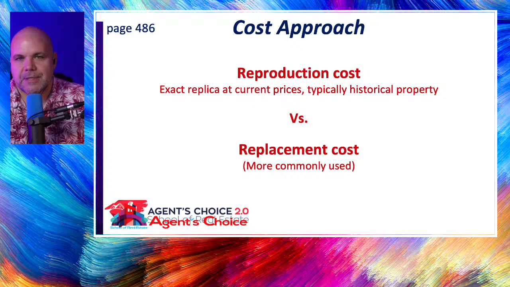Which one is worth more? Which one's going to cost you more? That ain't going to be $300. It might be $3,000, right? So reproduction cost is going to be more because you're making an exact replica. Replacement cost is all about function. It's a door. We need a door.